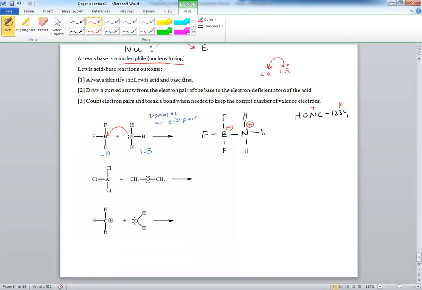So let's look at the next one. And by the way, in this one, I want to say that it accepts an electron pair. Once again, it has an open shell, an empty shell. Same thing here. You have a lone pair. That's your Lewis base. This is your Lewis acid.